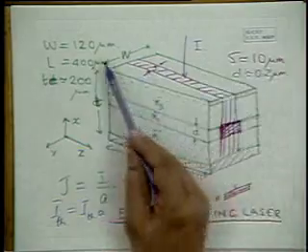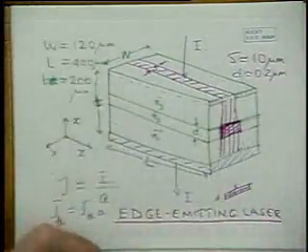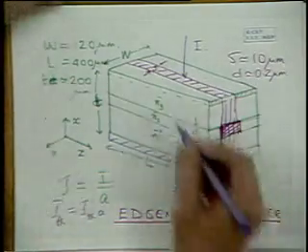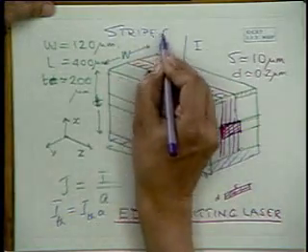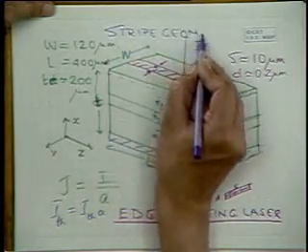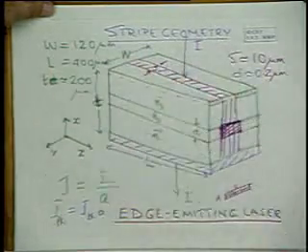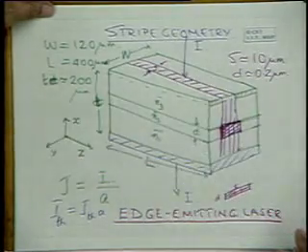And remember, it's reduced from 120 to 10 microns, so a factor of 10 or 12. So this is what is known as a stripe geometry, which is very commonly used for all types of structures. And we are interested in the advantages of stripe geometry.